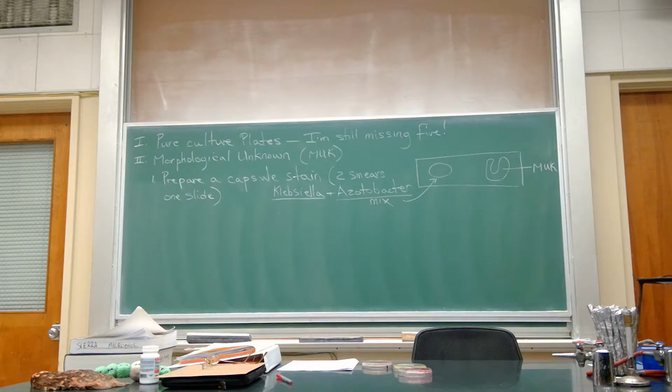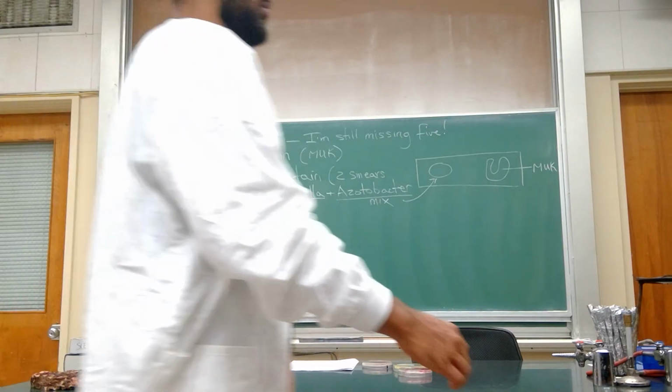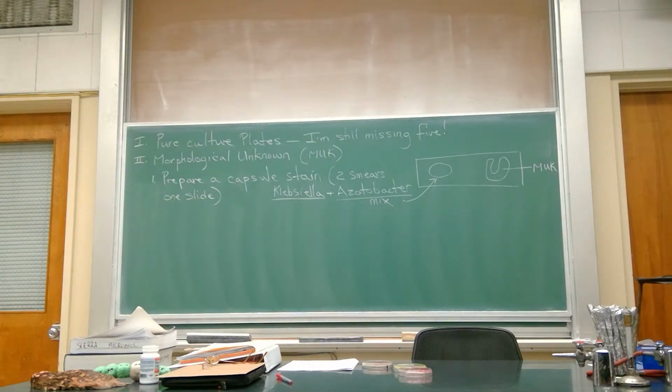Okay, can I have your attention briefly? The plates you need for your Azotobacter and Pseudomonas are back here on the side bench. Please pick these up. This is part of the prokaryotic cell introduction we're doing tonight, but you need the Azotobacter plates, which are the white ones, for your mix for the capsule stain.